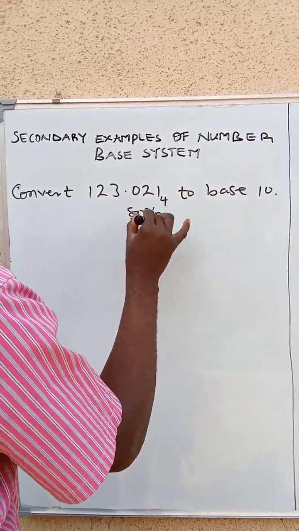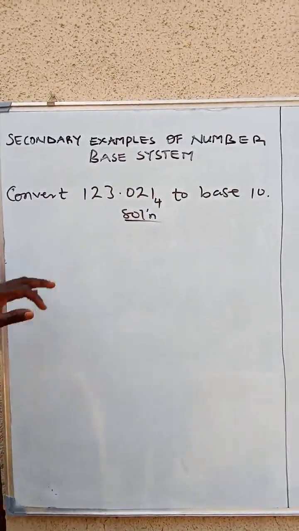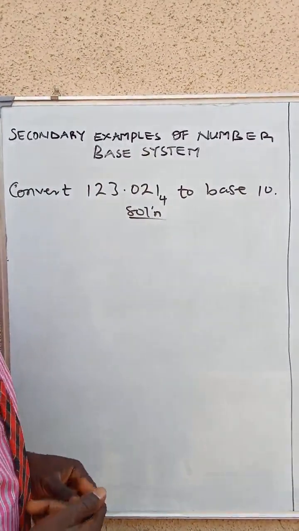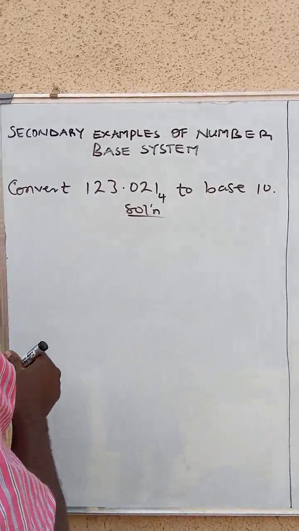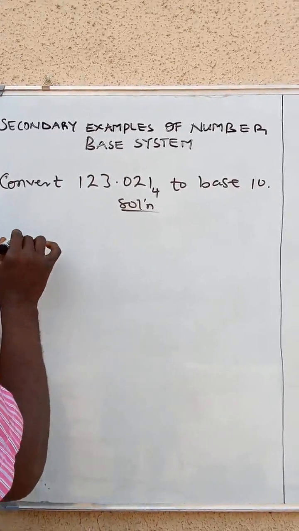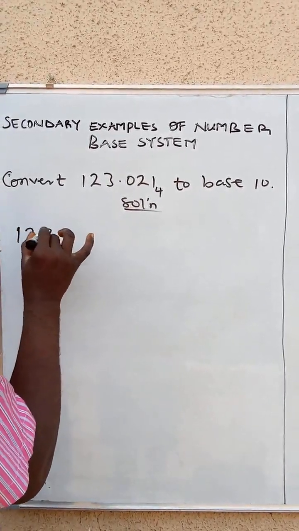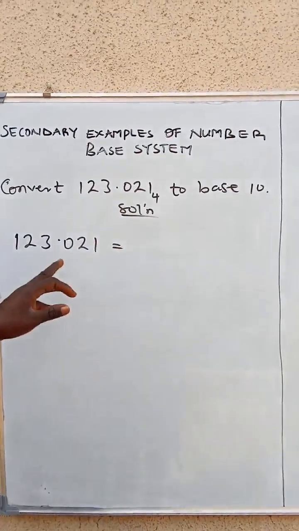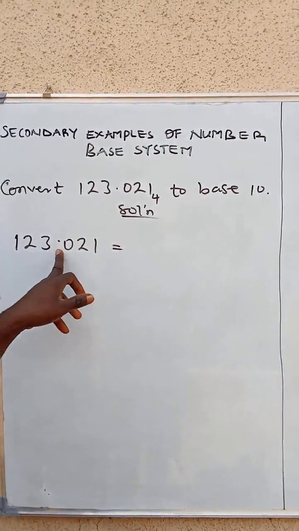Solution. This is the same thing that we have been doing. I said first what we do is to set 123.021, the same thing as this. This point is a special case.